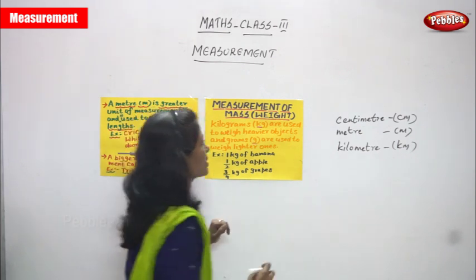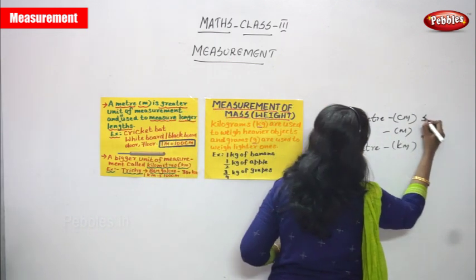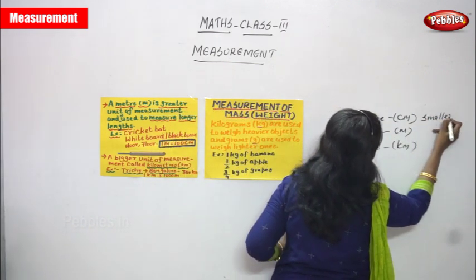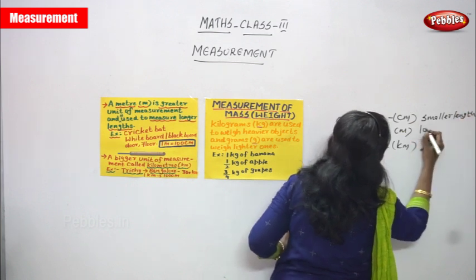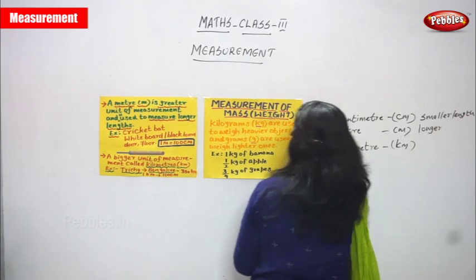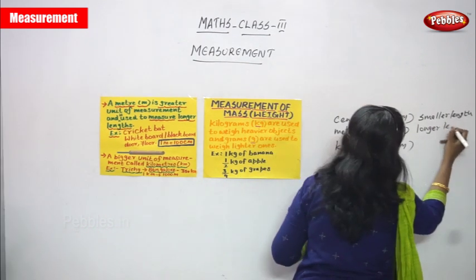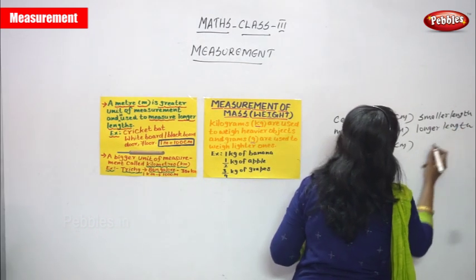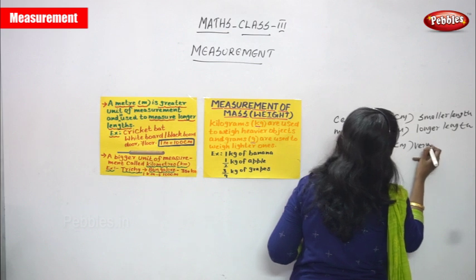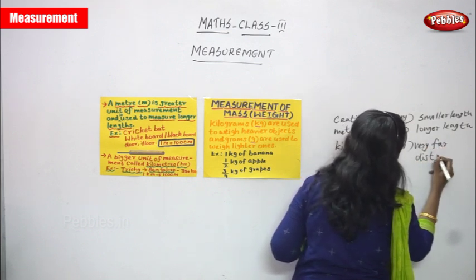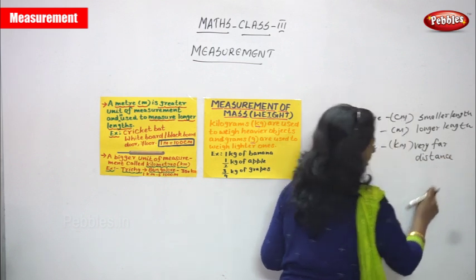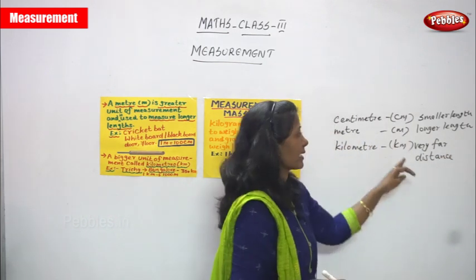I'll repeat once again. This is a smaller length. This is a longer length. This is a very far distance. We can call it distance only, we can't say length, it's not the right word.